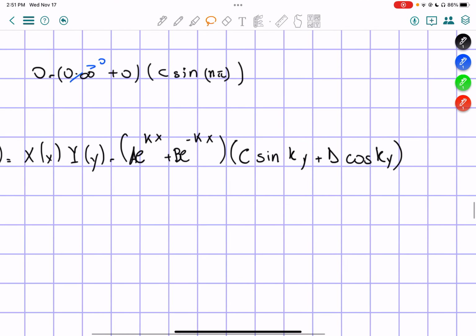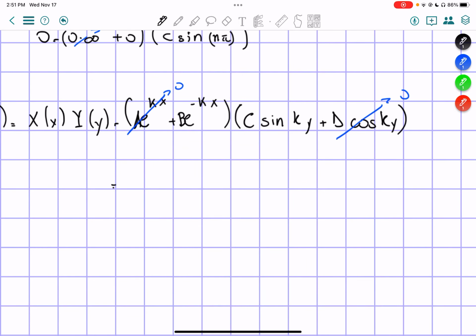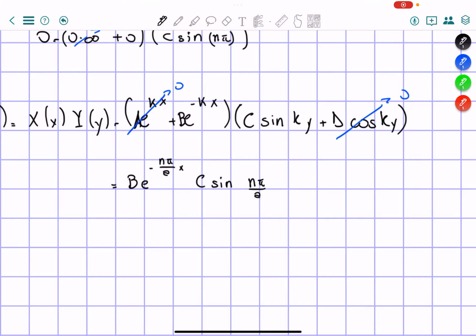So a is equal to 0, so this one gets written off, d is equal to 0, and k is equal to n pi over a, so let's rewrite this. b e to the power of negative n pi over a x, times c times sine of n pi over a y. So this will be our final solution.